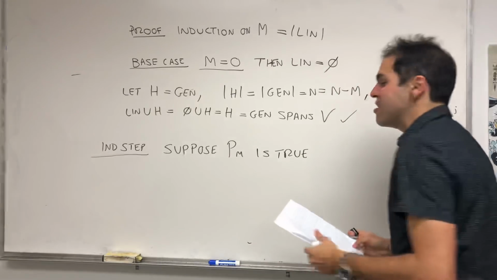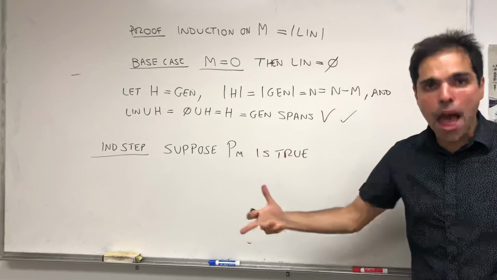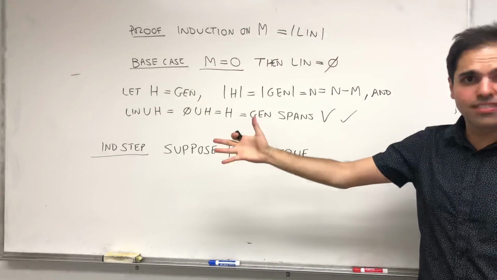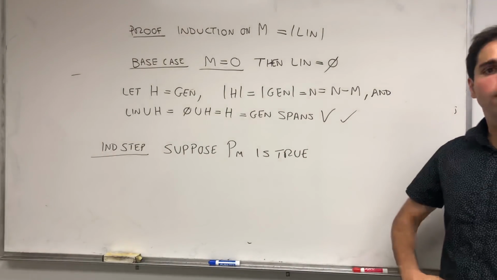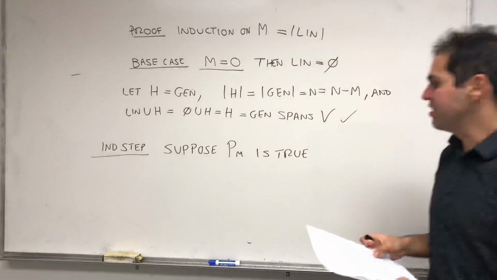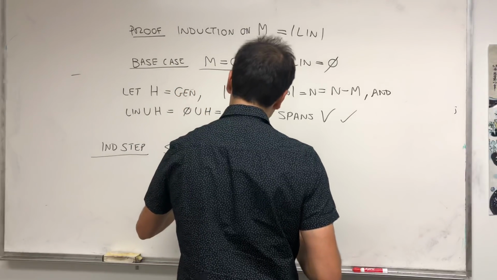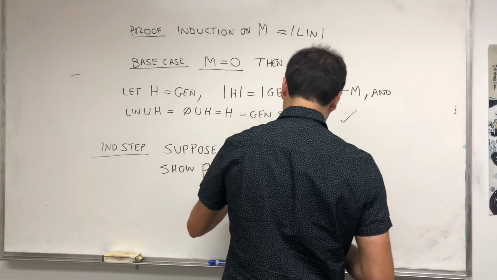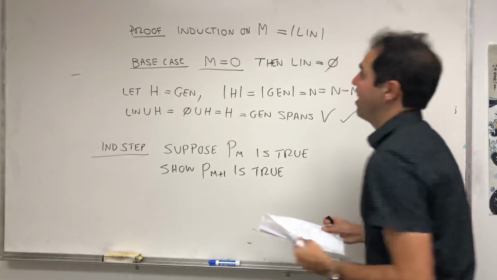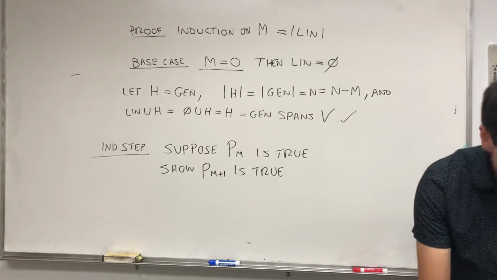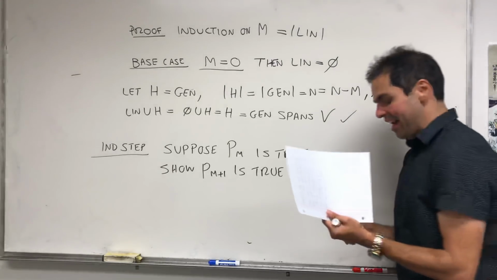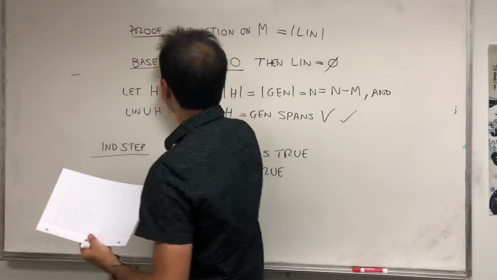That is, whenever lin is a set of size m, you can extend it. Show that whenever lin is a bigger set, you can still extend it. So show P(m+1) is true. Alright, now here's the idea, and I finally figured it out.